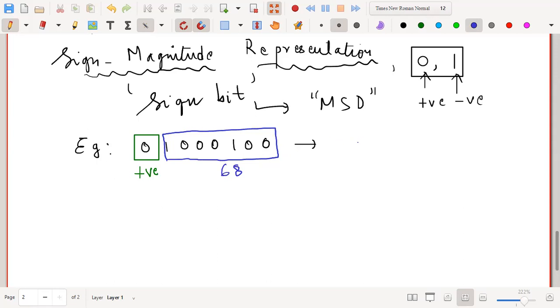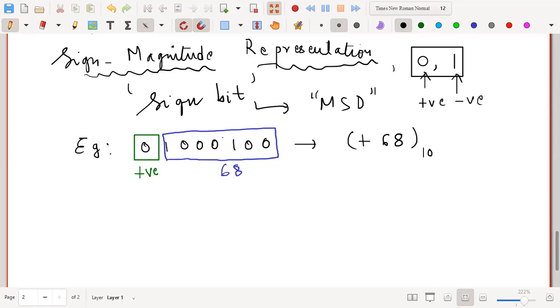So ultimately I would write that 0 1 0 0 0 1 0 0 is nothing but plus 68. If you have a 1 here, it would be minus 68. This is how you represent a number in sign magnitude representation.